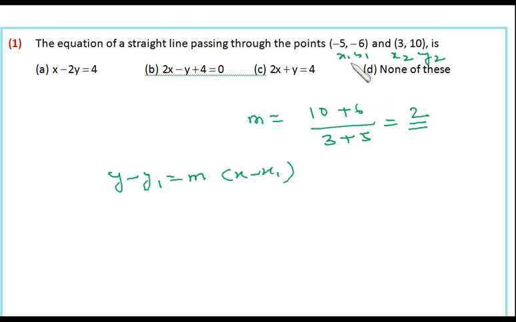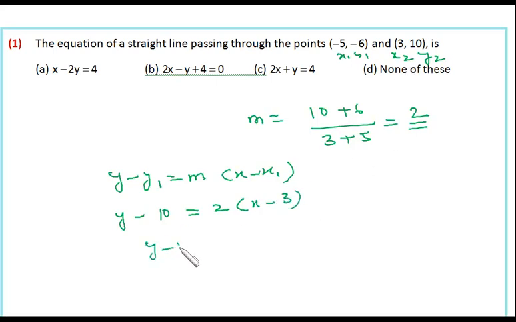Whether you use this point or this point, the equation of the line will be the same. Suppose I take (3, 10). So y minus y1, that is 10. Do not get confused: x1, y1 is the point through which this line is passing, and here we have 2 points, you can use any one of them. So y minus 10 is equal to 2(x minus 3).